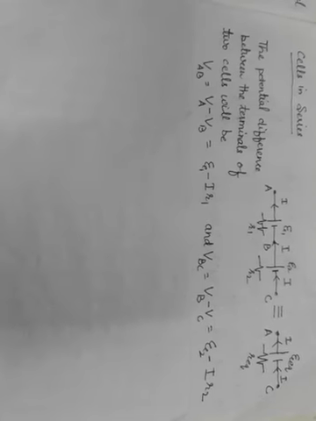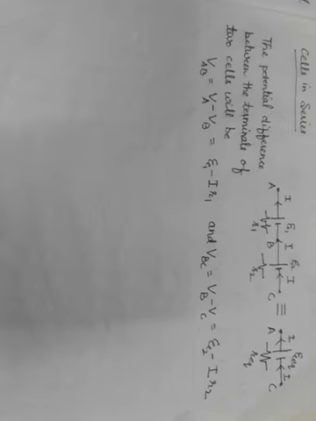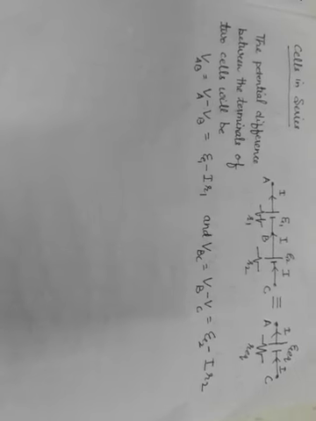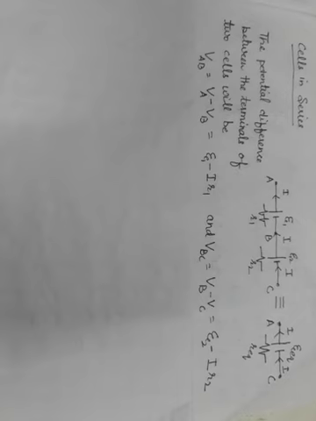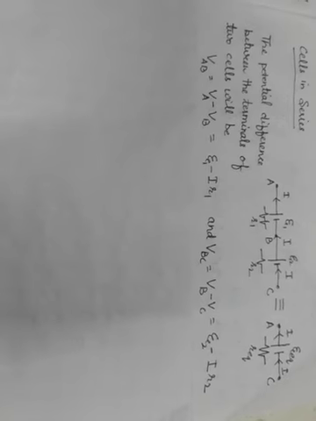So VAB will be equal to E1 minus IR1. Similarly, VBC, that is VB minus VC, will be equal to E2 minus IR2.